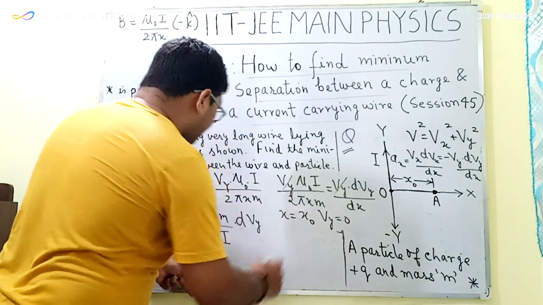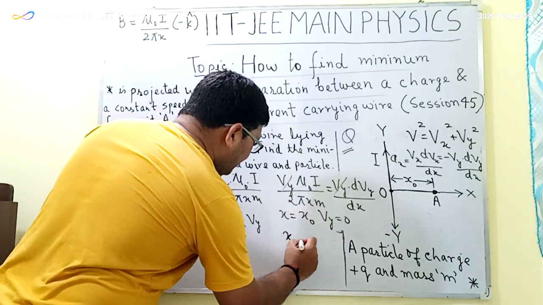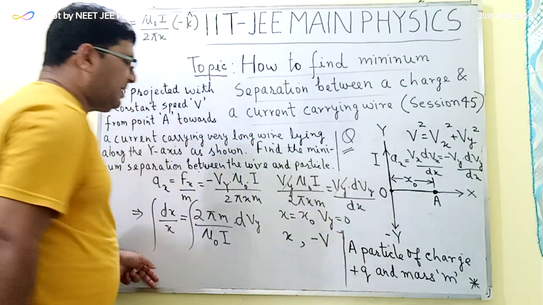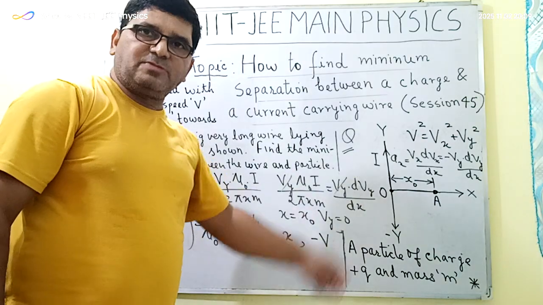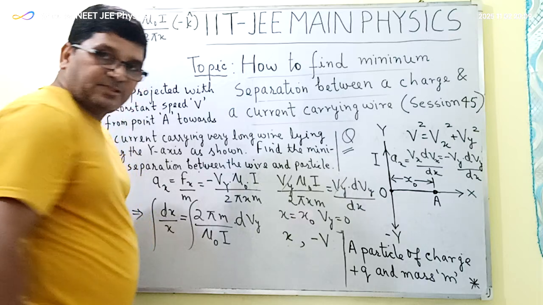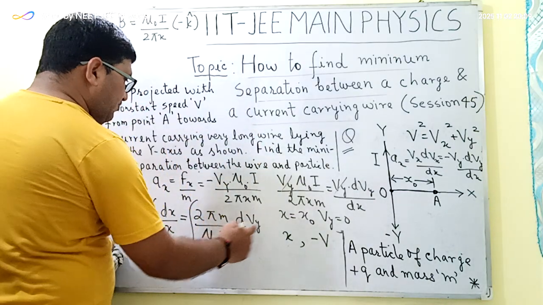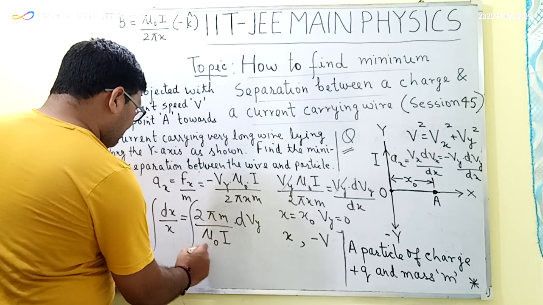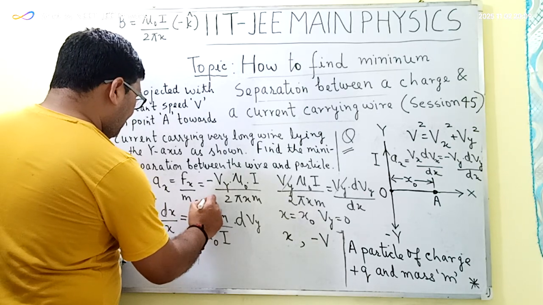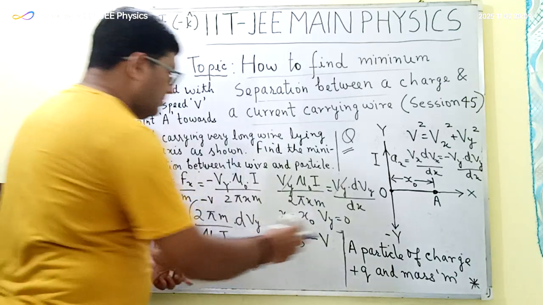So let us consider that the minimum separation is equal to x. When the minimum separation is x, the velocity is minus v, because it is moving towards the negative y-axis. So the limits of integration will be Vy is equal to 0 when x is equal to x naught, and when the separation is x, the velocity is minus v.